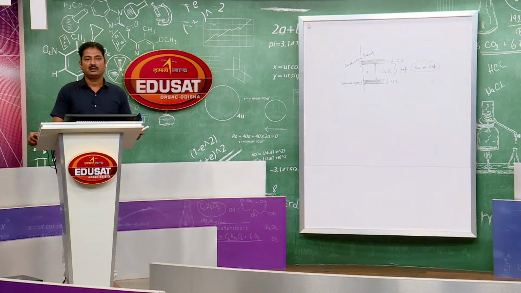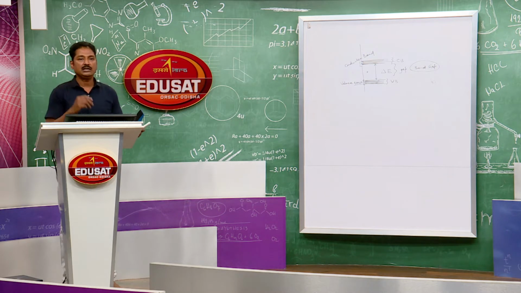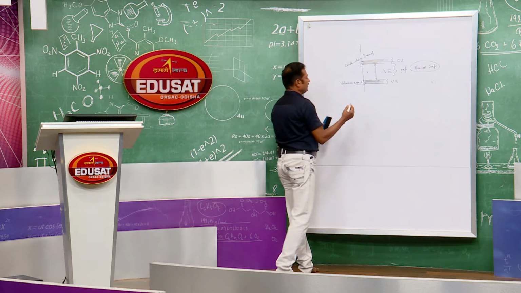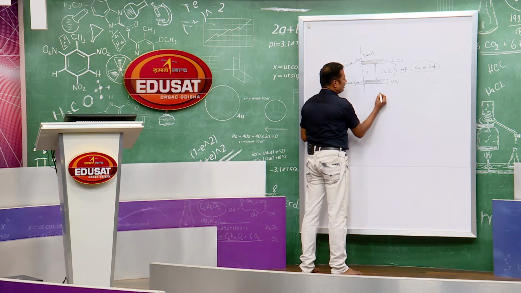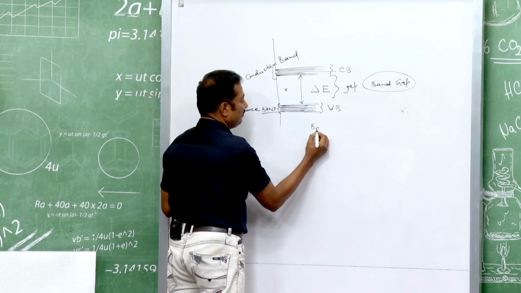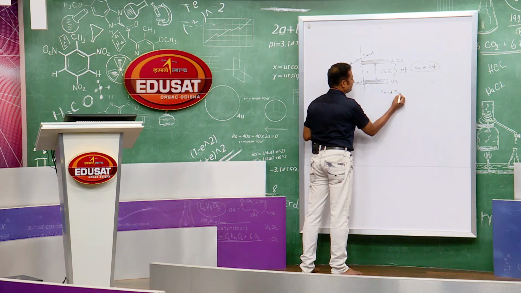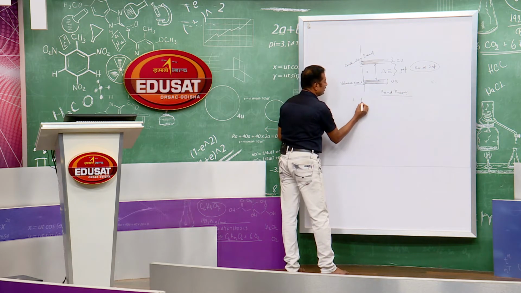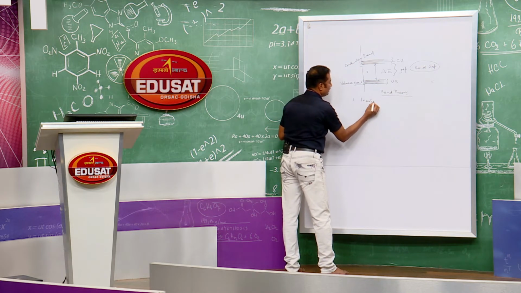On the basis of this band gap, or you can say band theory, you can categorize materials into three categories mainly. One, insulator.